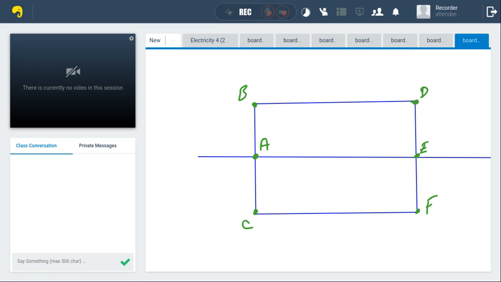Now, let's just call them V1, which is the voltage, I hope people are okay, let's say from A to E, just along the middle line. I probably should have put V1 at the very, very top, but I'm sure we can understand. V2 going A, B, D, E, and V3 going A, C, F, E.